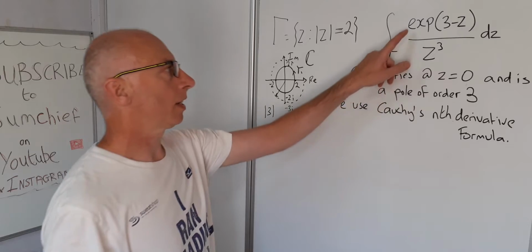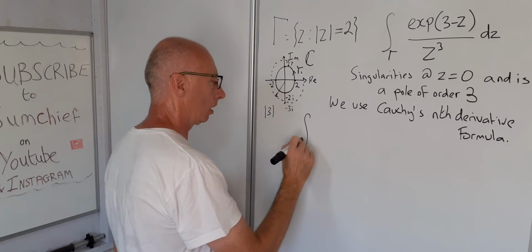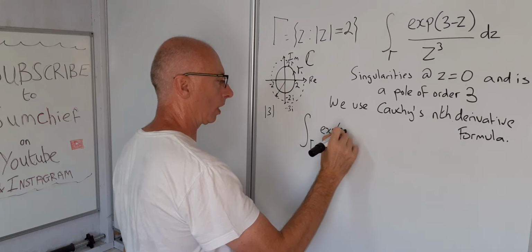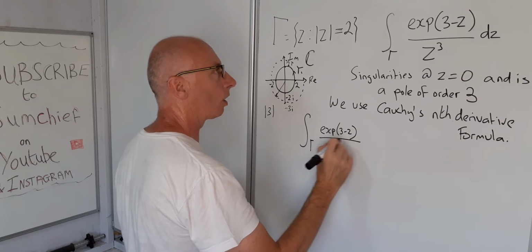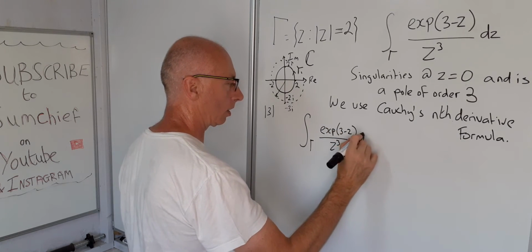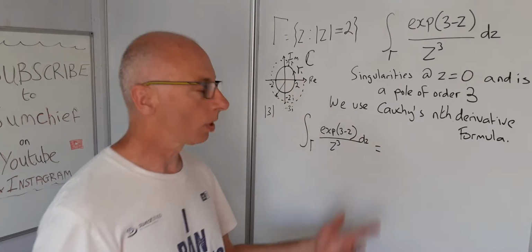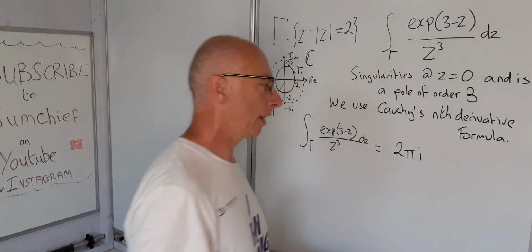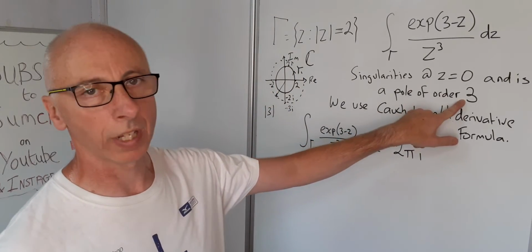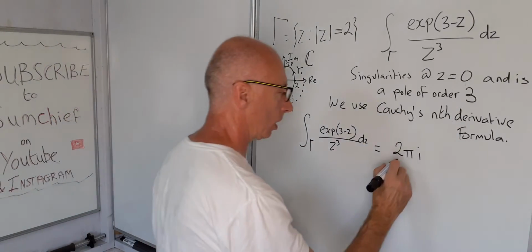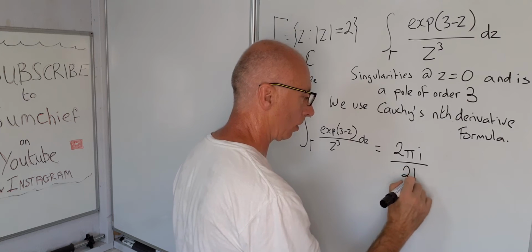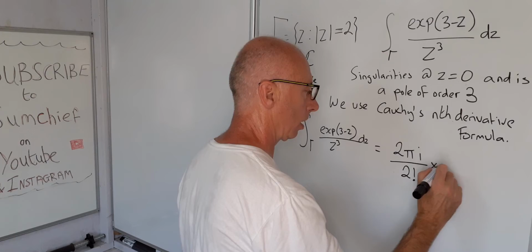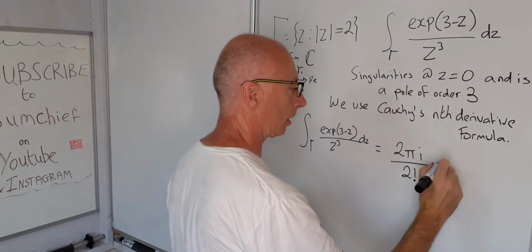So what we say is that this integral across gamma, exponential of 3 minus z over z cubed dz, equals 2 pi i, and then we divide it by 1 less than the order, factorial, so we divide it by 2 factorial, and then we multiply by this function here.